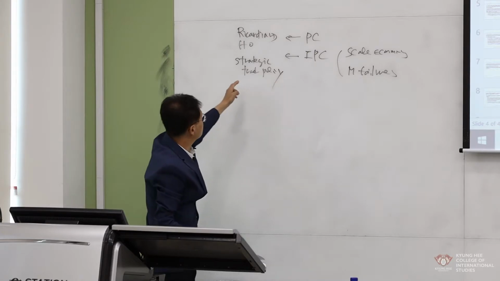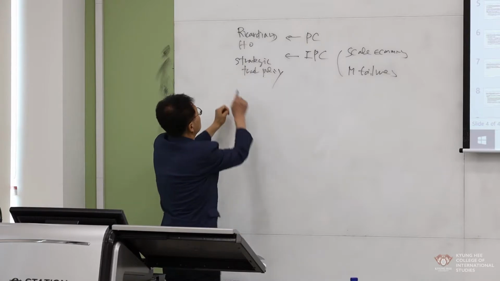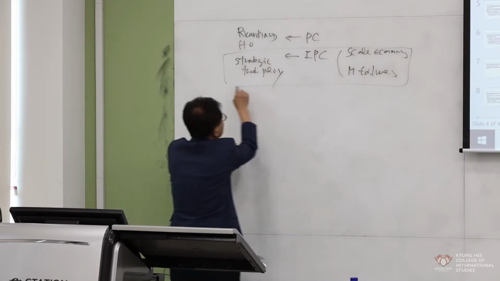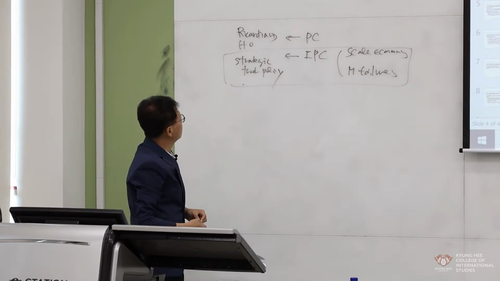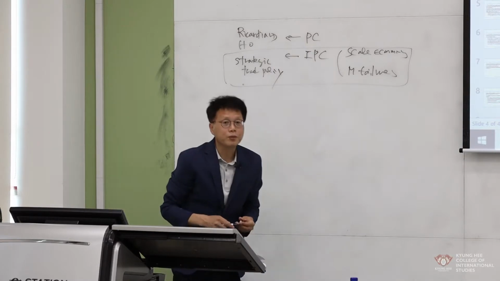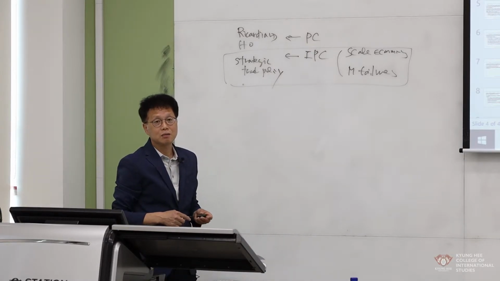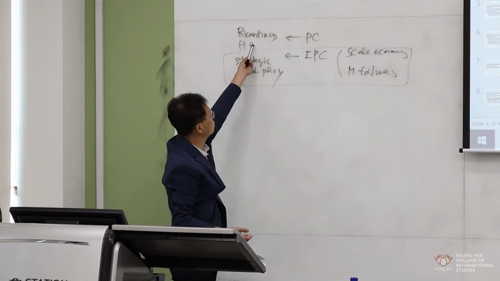That is the content of Section 1. Going back to the neoclassical theory of international trade, the Ricardian or Heckscher-Ohlin model, comparative advantage matters, so government intervention is meaningless. That is the conclusion.